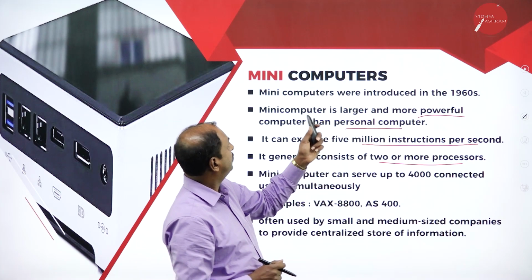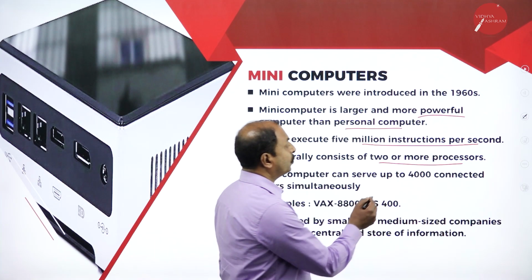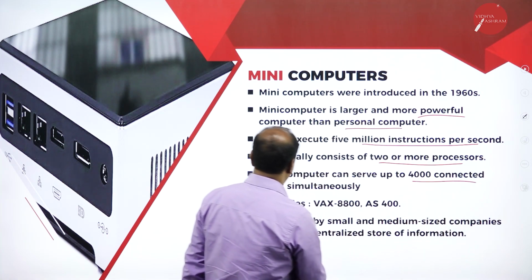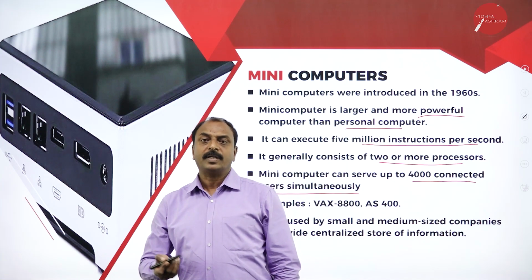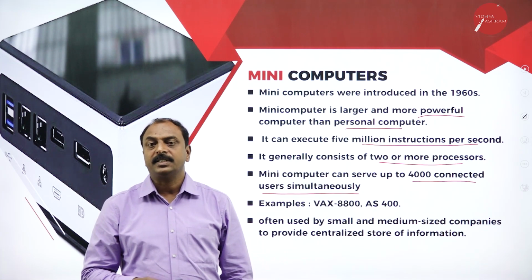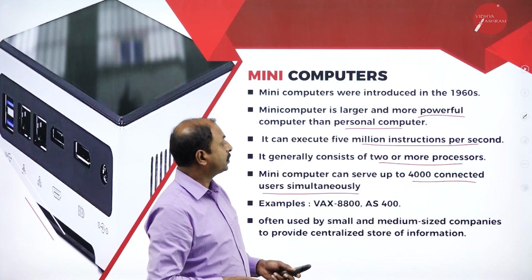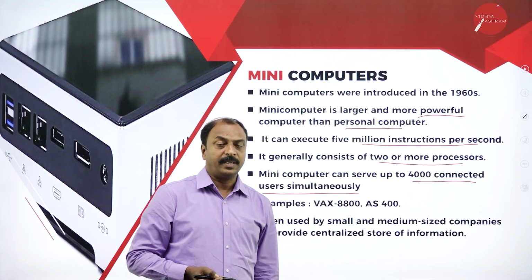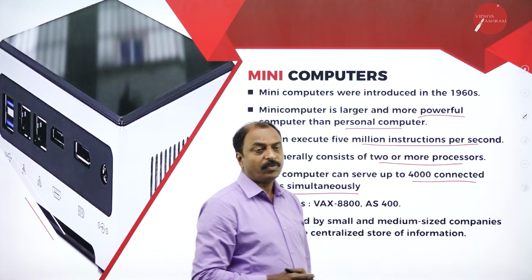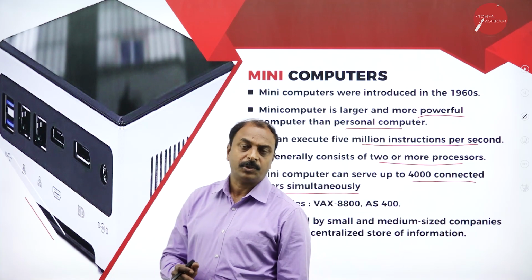So, this is mini computers, and mini computers can serve up to 400 connected users simultaneously. As in microcomputers, as I said, it is a single user system, but mini computer used to support 400 connected users simultaneously. I mean, it was a setup where 400 units, or we say terminals, can be connected to it.